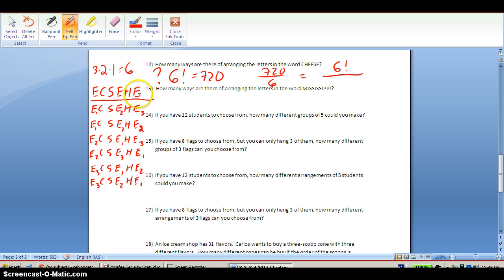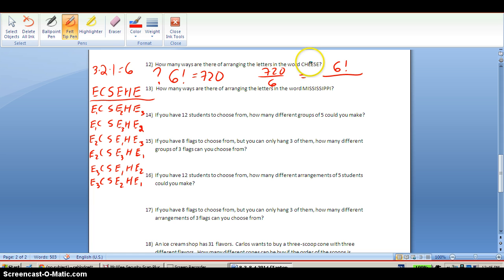For every one of these arrangements where the E's are all the same, there are 6 different arrangements if we treated E as a separate letter. So the formula for arranging this is simply the same 6 factorial, 720 ways, but we need to divide that by 3 factorial, because there are 3 E's that are repeated. This is the important part.